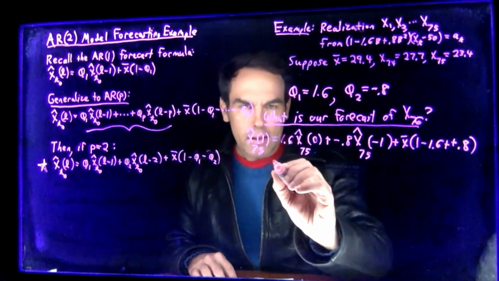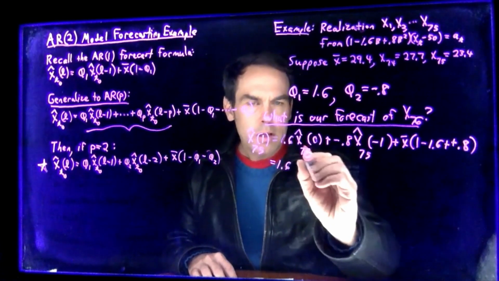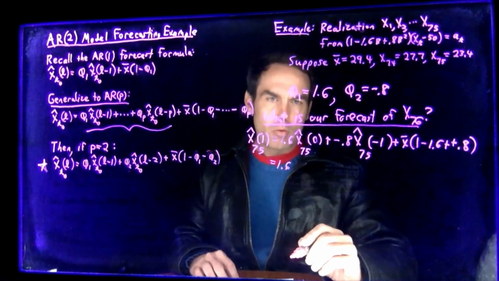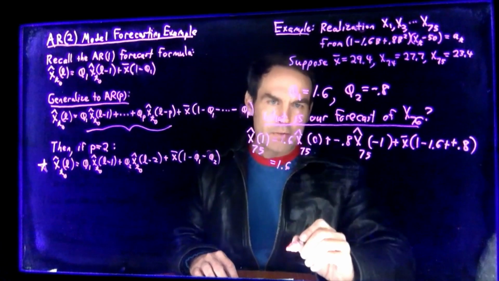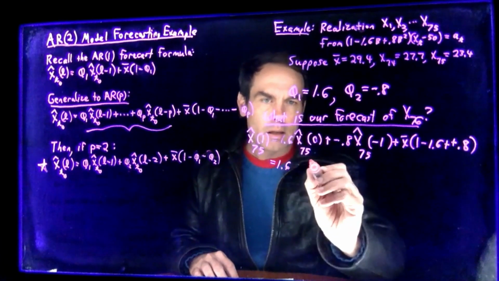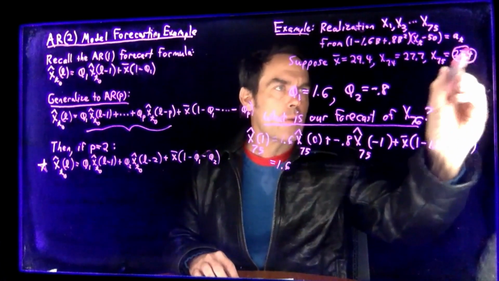Looking pretty good. Let's fill in some more blanks here. We have 1.6 times, now what is x hat of 75 of 0? Well, really, that's 0 steps ahead of 75. So in other words, it really just means x75, which we have. So we know that that's 23.4.